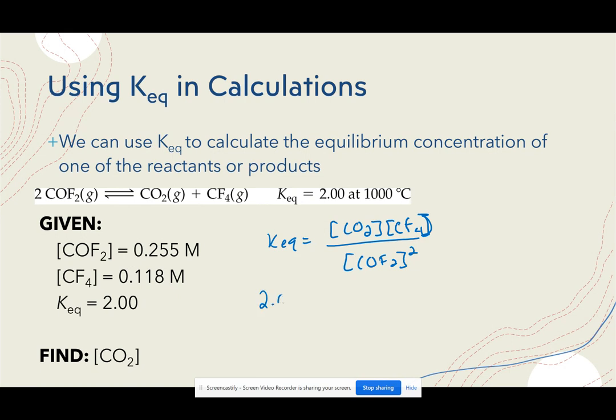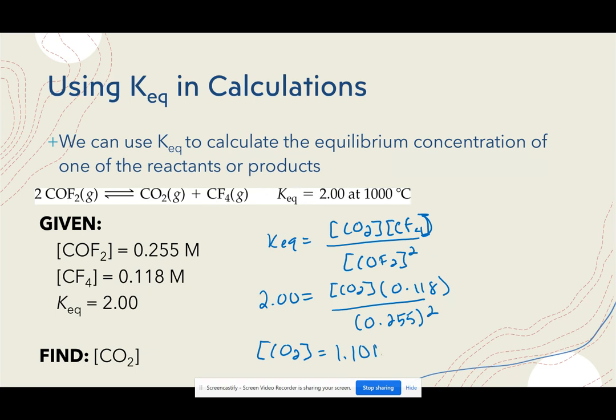Then just plug in, x is my unknown, times 0.118 over 0.255 squared. Order of operations, do the algebra, solve, you're going to get a concentration of CO2 of 1.10 molar.